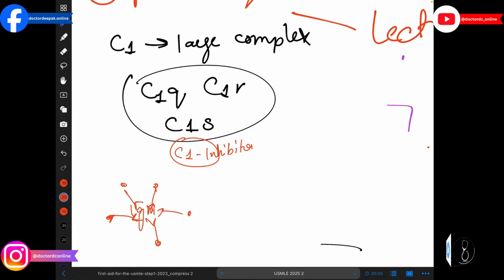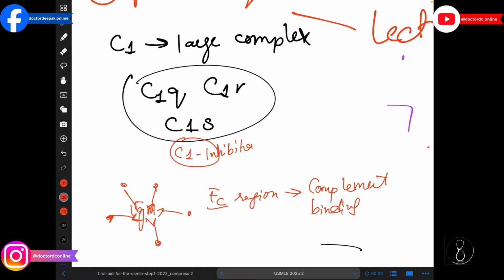And you also know there is a lower part, the Fc region, which is for complement binding. So if two Fc regions are close to each other, the C1 is going to bind with them, and because they are close together, it will be activated.